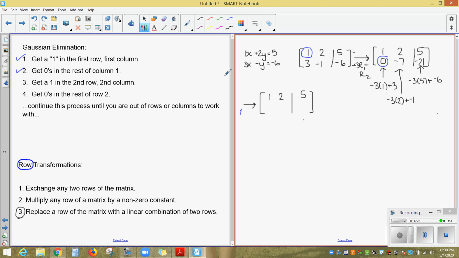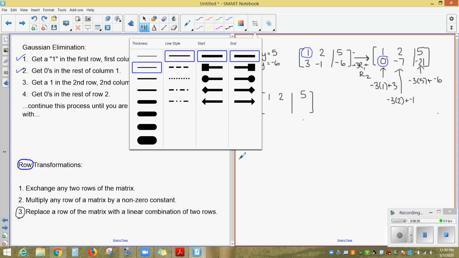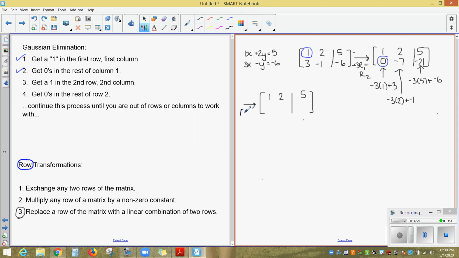So if we take everything in row 2, and we divide it by negative 7, we should be able to do what we need. 0 divided by anything is 0, or 0 times anything is 0.